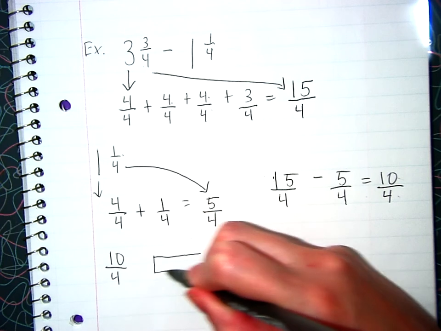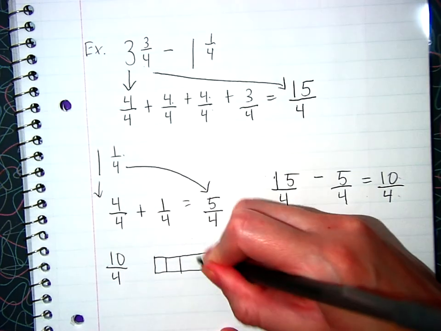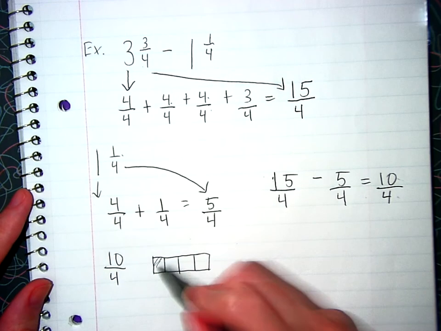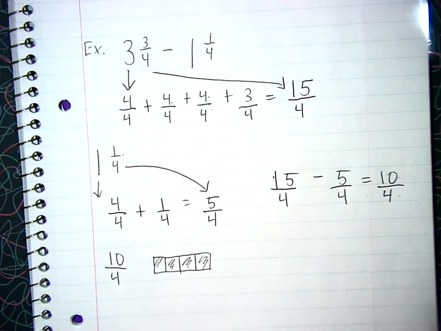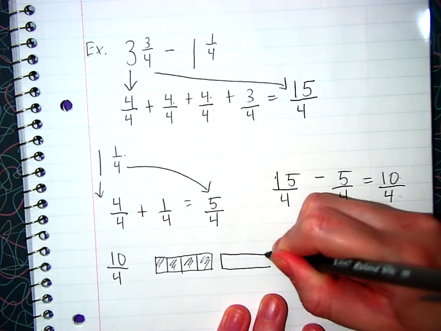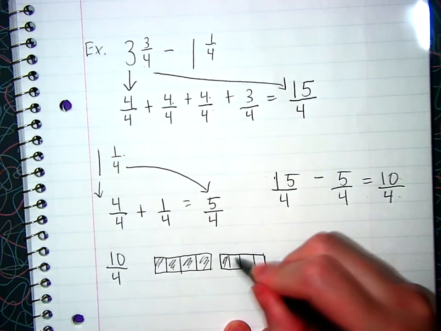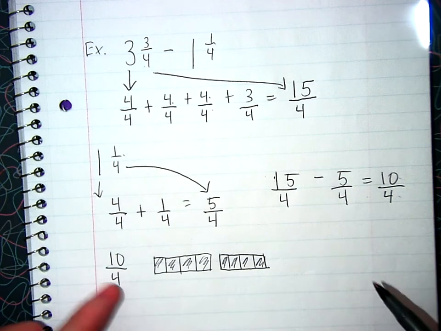You draw your model of your 4, so 1, 2, 3, 4. Well, if I'm counting off of the 10, I can do 1, 2, 3, 4. There's one equal group of 4. Let's see if I can get another equal group of 4. 1, 2, 3, 4. Shade in another 4. And then I can only have 2 more.